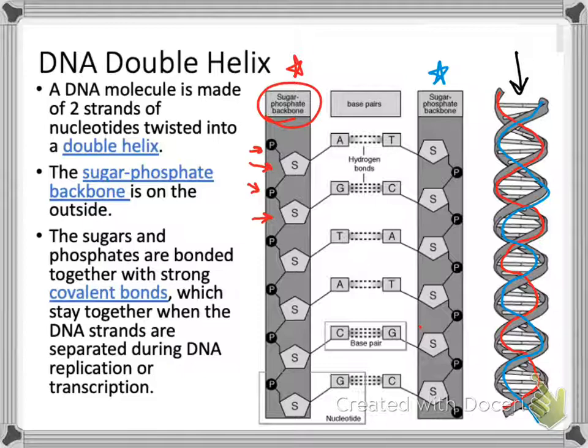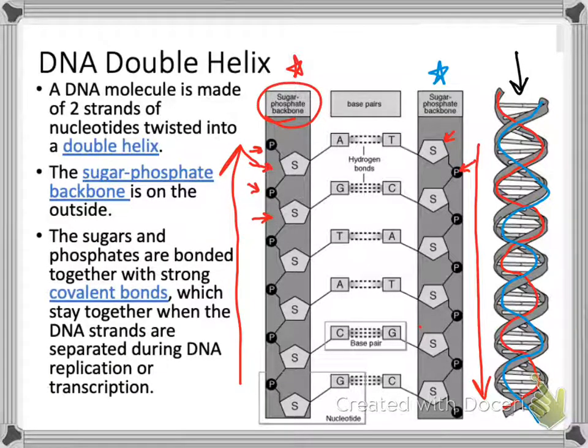Now, notice the other side, it starts with sugar, then phosphate. We'll talk more about that later on, but basically it's still a sugar phosphate backbone. It's just that one is running, say, up, and the other side is running down. We call that anti-parallel. More on that to come.